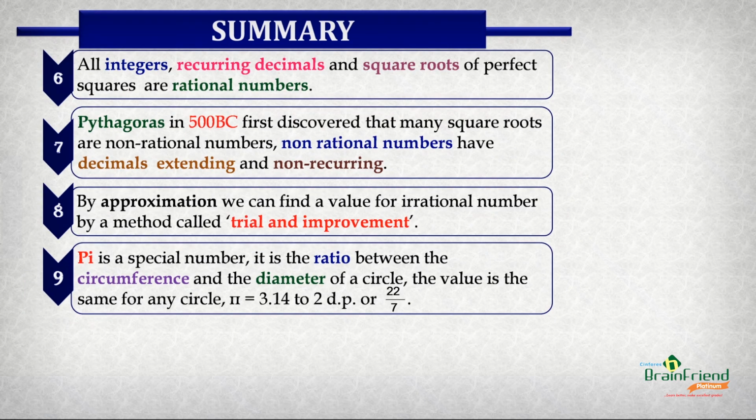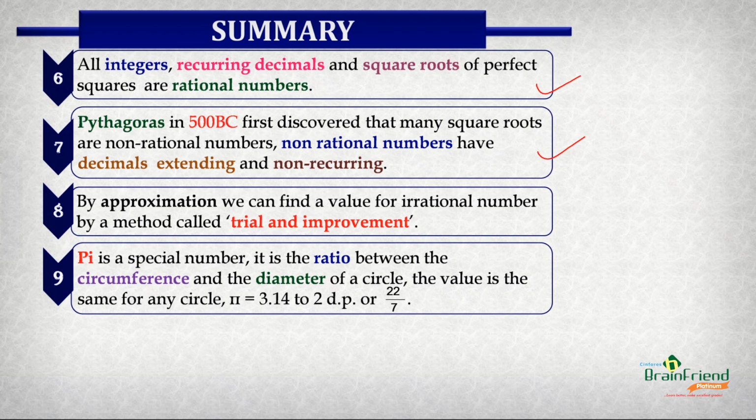Furthermore, we learned that all integers, recurring decimals, and square roots of perfect squares are rational numbers. We also learned that Pythagoras in 500 BC first discovered that many square roots are non-rational numbers. Non-rational numbers have decimals extending and non-recurring.